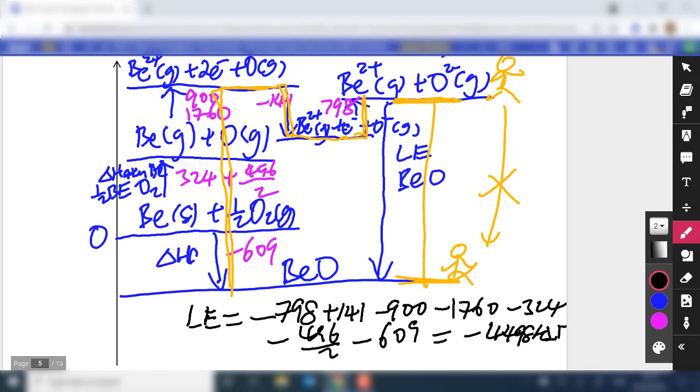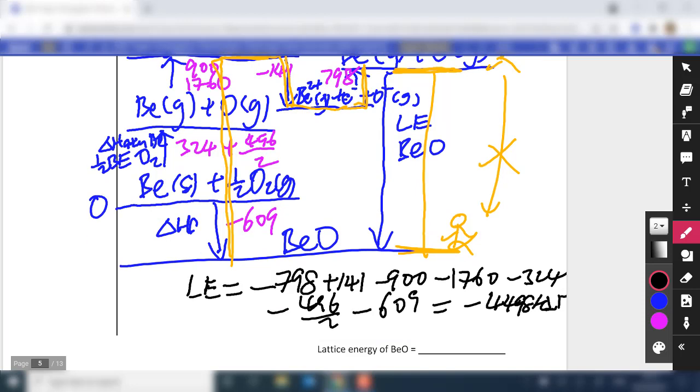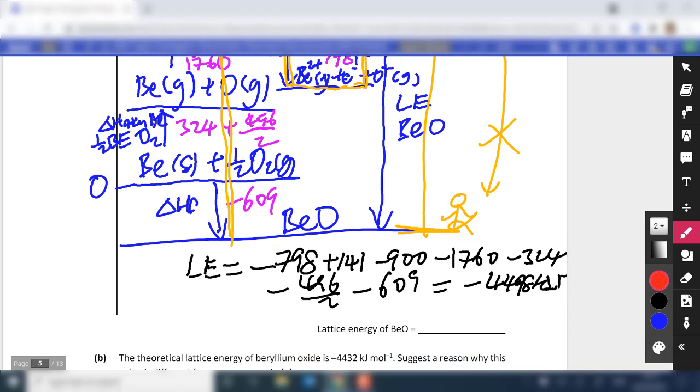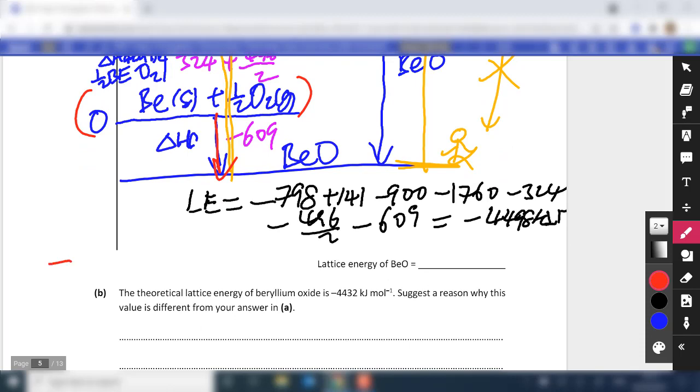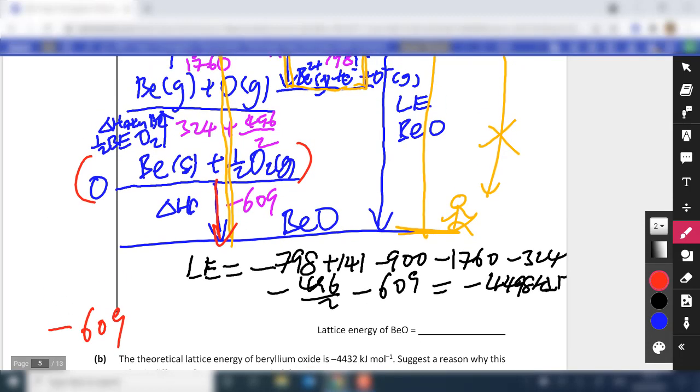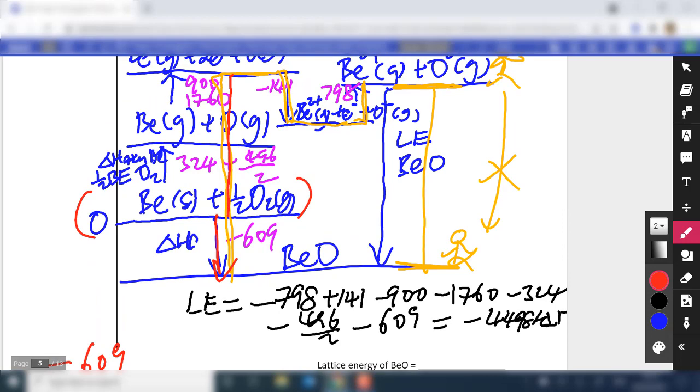If you are comfortable going by this route. There's also another way, but again, as I said, all roads lead to Rome, so you don't have to fix one method of doing it. Some people prefer to start from the zero point, in this case the elemental state, and then they define going from here to here. So you can do that as well. That's negative 609, and then you just go up, down, up, and then down.